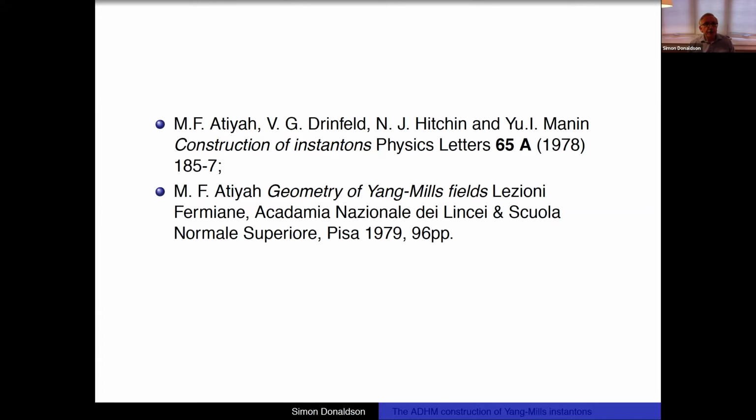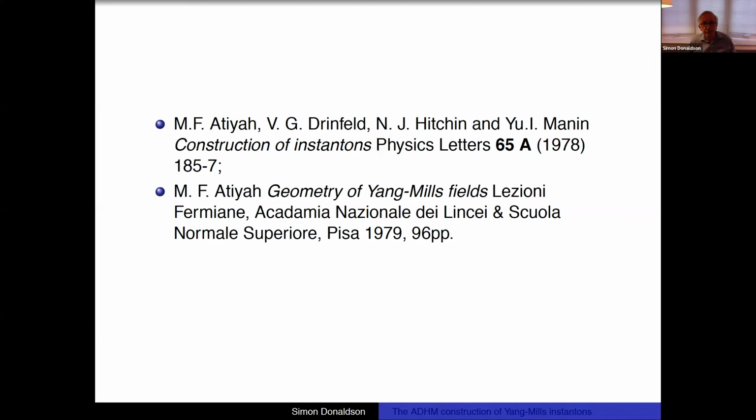What are the references? The note that Atiyah referred to appeared in 1978 in Physics Letters, the 4-author note, just 2.5 pages. A greatly extended exposition was written by Atiyah soon after, a write-up of the Fermi lectures in Pisa.